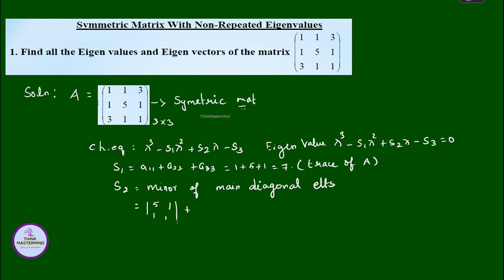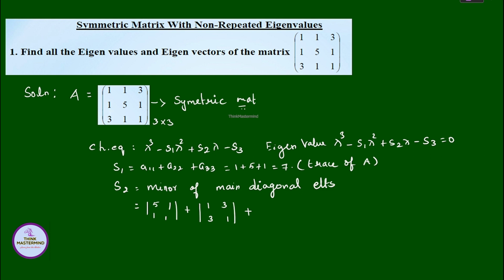Leave the column and corresponding row. The determinant value of the remaining elements is 1 3 3 1. The third diagonal element is A33, that is 1. So leave the column and row.